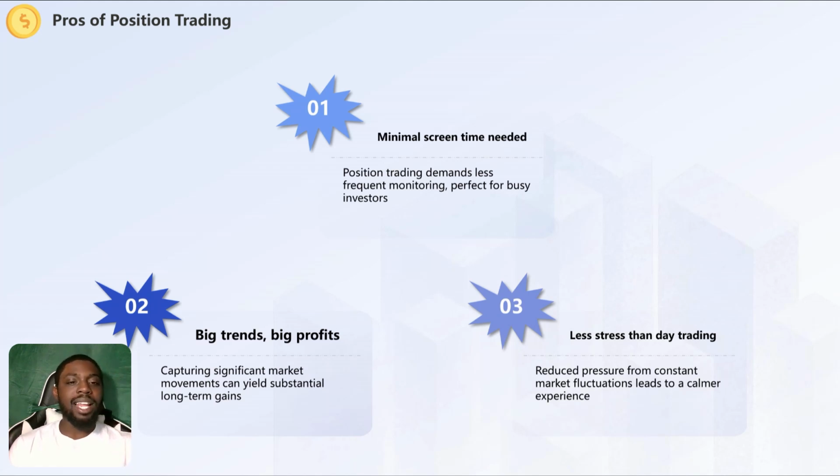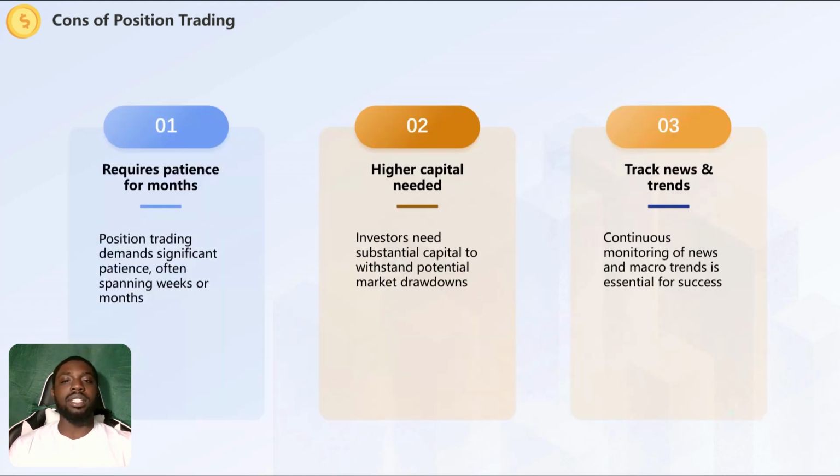So less stress than day trading: reduced pressure from constant market fluctuations leads to a calmer experience. So it definitely leads to a calmer experience when it comes to trading, and it's just a little bit less hectic than day trading. Cons of position trading: requires patience for months.